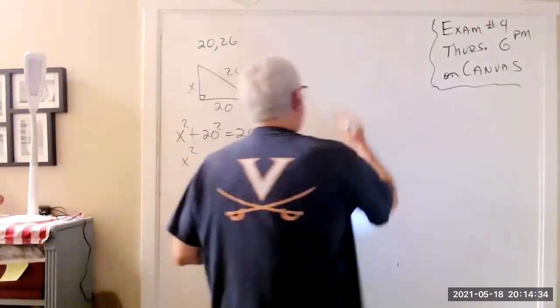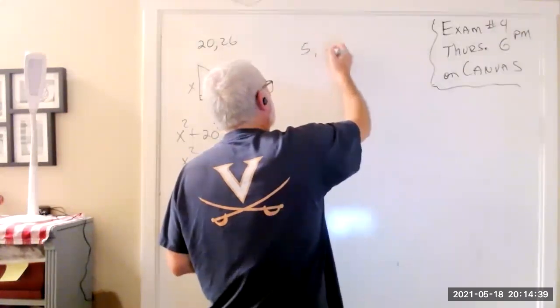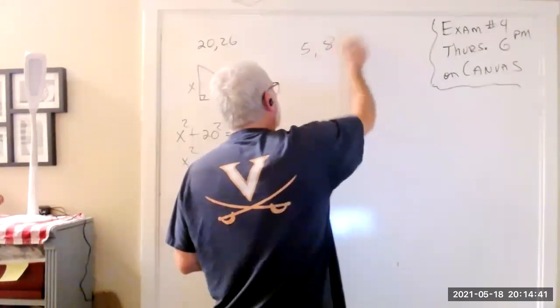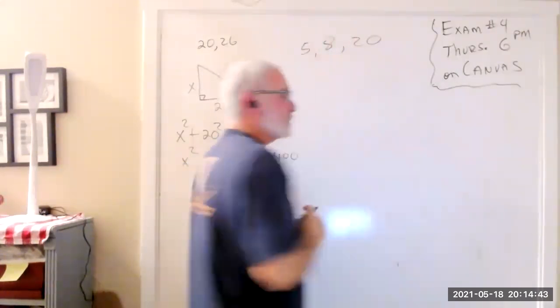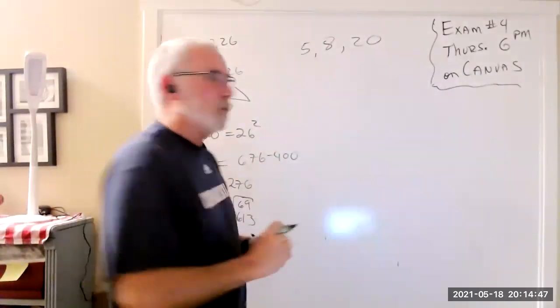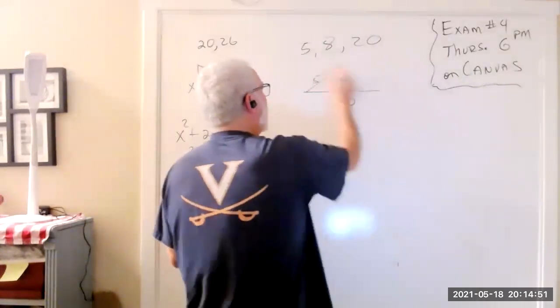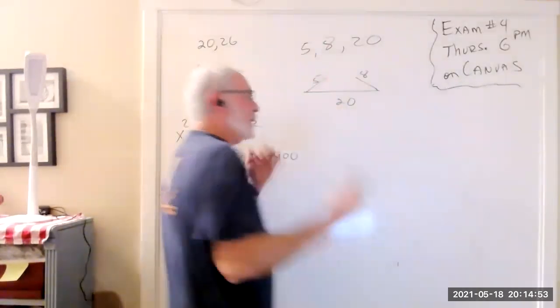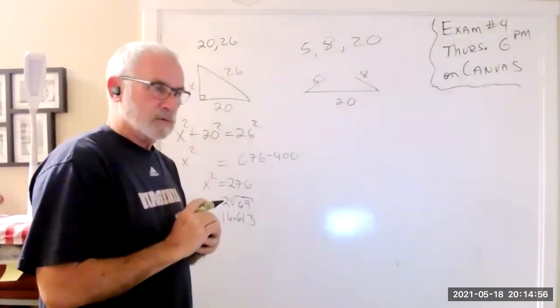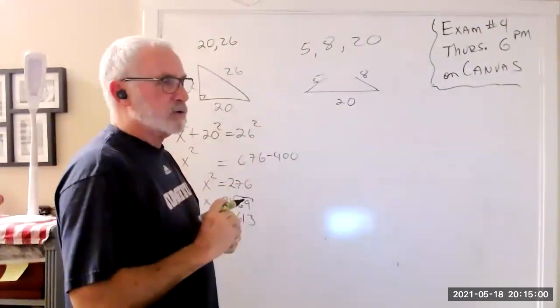So, for example, if I told you a triangle has sides 5, 8, and 20, could it be a triangle? No, because if this is 20 and this is 5 and this is 8, they don't close the gap, and you wouldn't have a triangle.